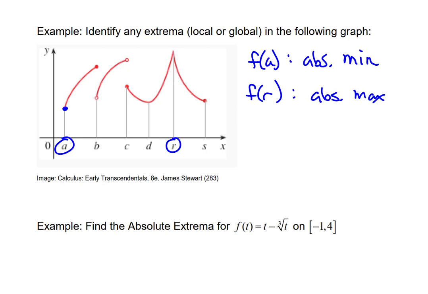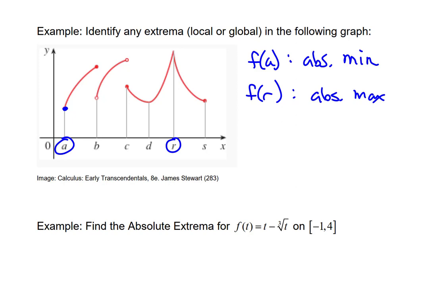Now let's start by trying to find a relative or local minimum value. What we're looking for is some part of this graph that, within an open interval that we could draw or imagine, has the lowest value.